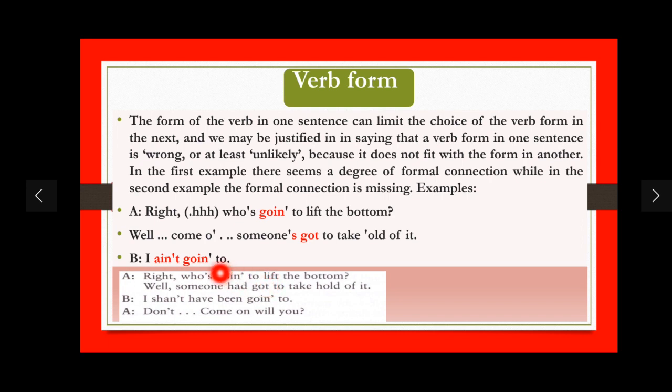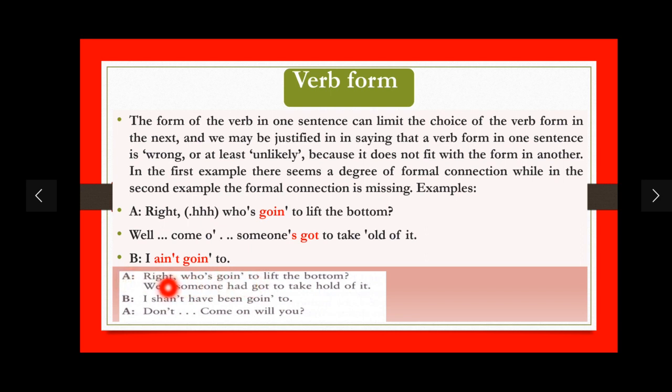In sentence first, "who's going to" is present tense; in sentence 2, "someone had got" is past tense. And B says, "I shouldn't have been going to."